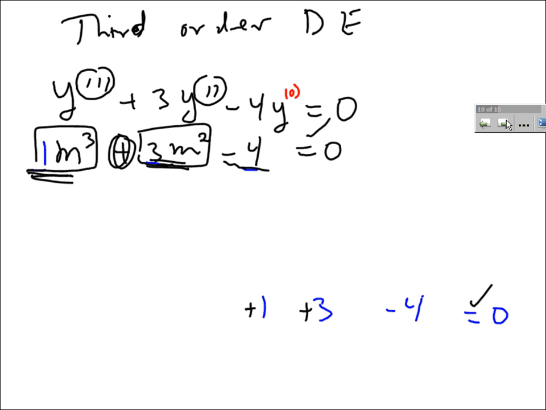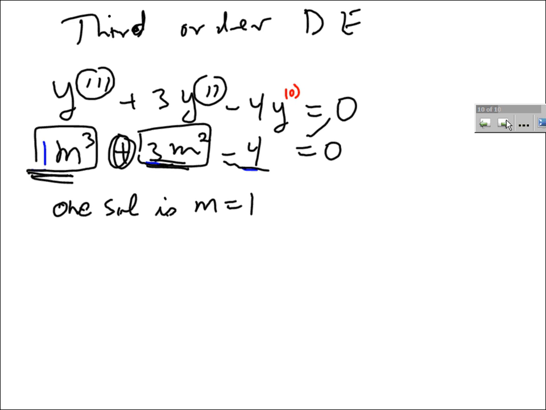This is textbook mathematics. They rig it so it's somewhat simple, so you can see it by inspection. So one solution is m equals 1. Now, you can do long division or synthetic division to find the other roots.